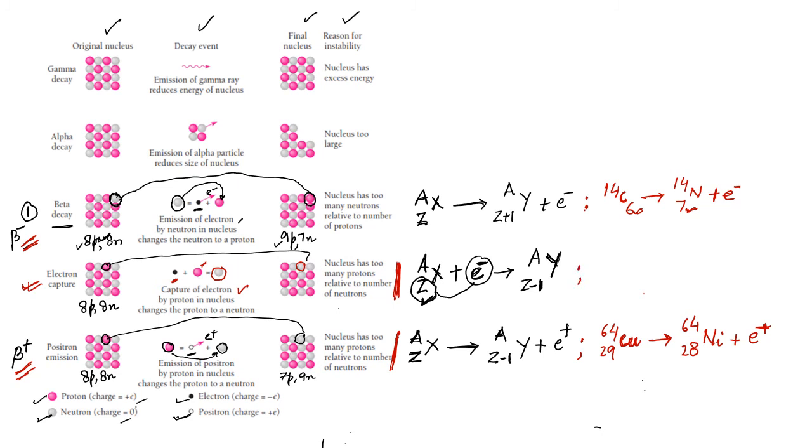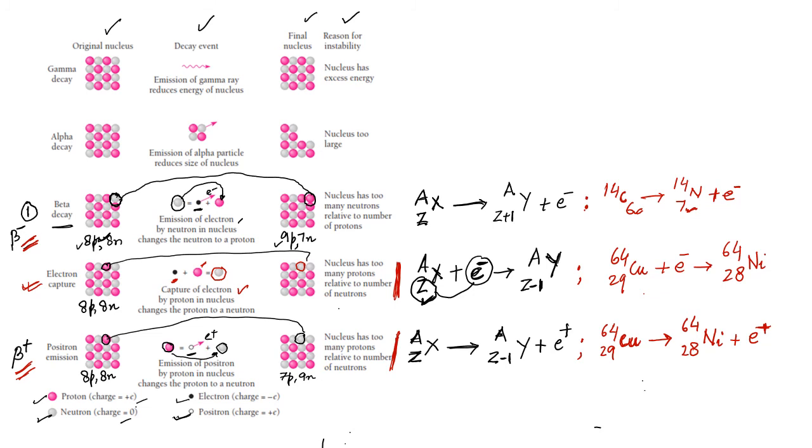For example, I can write the same 64 copper with 29 protons, and it captures an electron and becomes 64 nickel with 28.